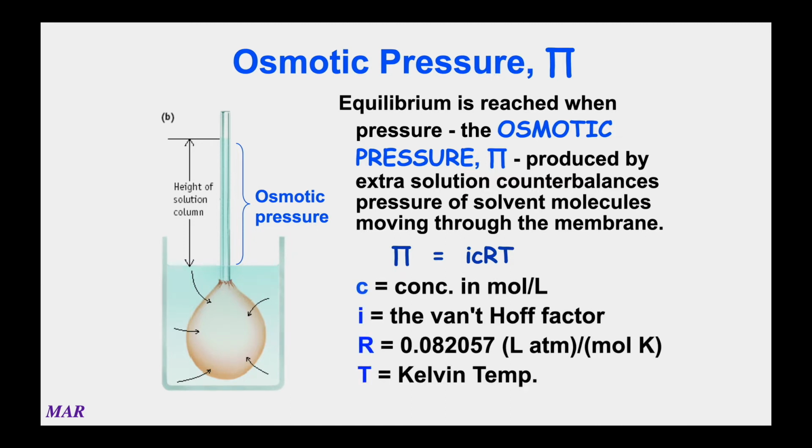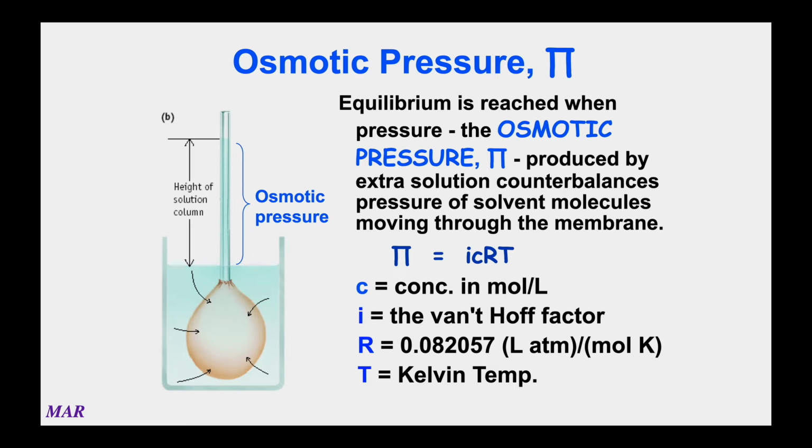Now, C is the concentration of the solution in moles per liter. i, if you need it, is the van 't Hoff factor we talked about in the last section. So ionic compounds will have i's of 2, 3, stuff like that, but the organic covalent ones will just have i's of 1. Now, R here is the good old gas constant R, 0.082057.